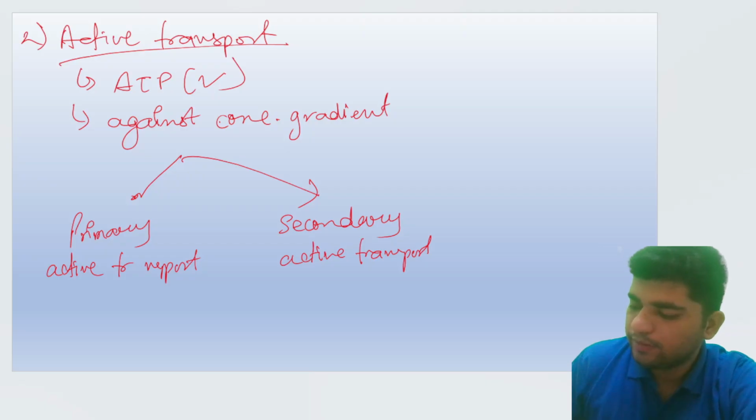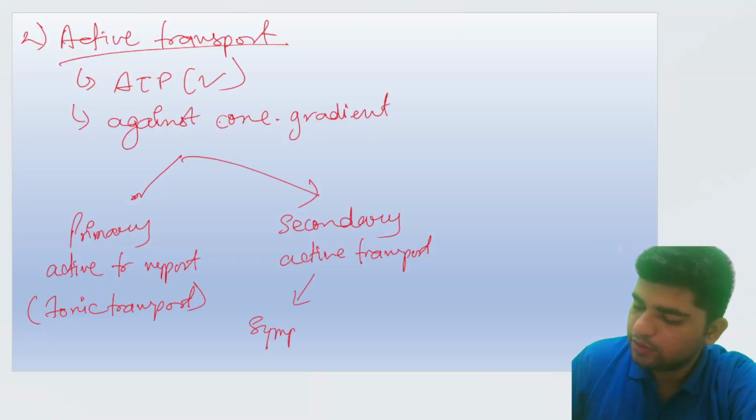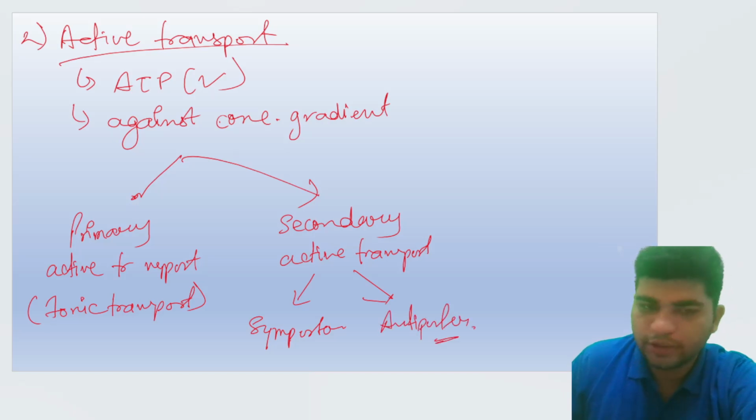Primary includes the ionic transport. The secondary one includes symporter and antiporter.